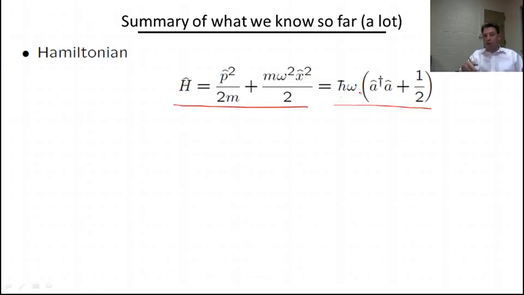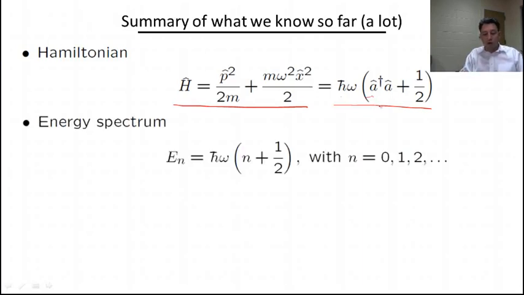And using the algebra, or the commutation relations, of these operators, we derived the energy spectrum of the oscillator, which has this form, h omega times n plus 1/2, where n is equal to 0, 1, 2, etc. Again, I reiterate that this spectrum is special in that the level spacing between neighboring levels is always the same. It doesn't change as we go higher up in energy.